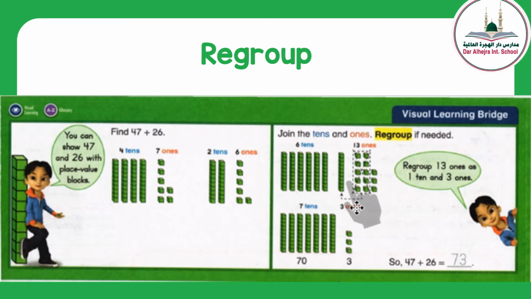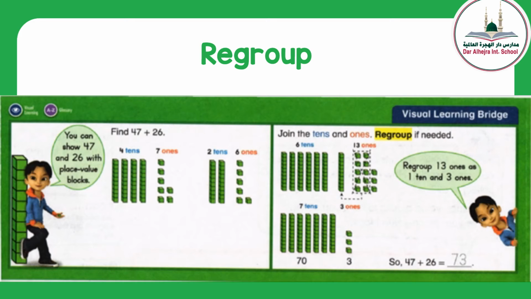So now, counting them together, we can see we have got 7 tens. Instead of 6, we have got 1 extra 10, and here we can see 3 ones are left behind. So in all, we can add this way, and we can see we have got 7 tens, that means 70, and 3 ones means 3. So that means 47 plus 26 is 73.